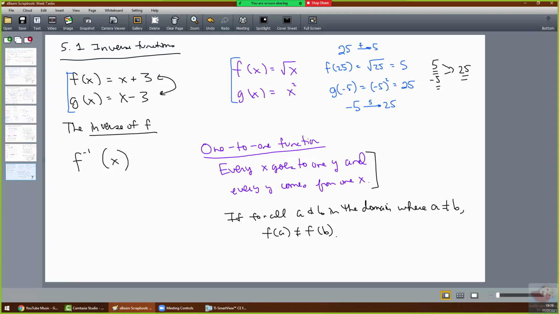We'll walk ourselves through it. So what this says is different x values give you different y values. And that was the problem up here. Here we have different x values, 5 and negative 5, but we ended up with the same y value.